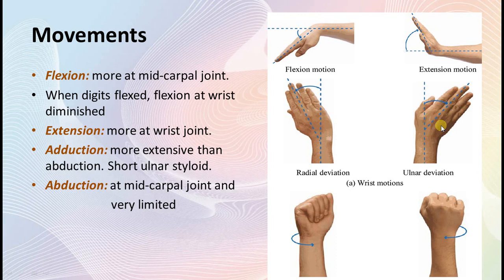Now why? This is because the styloid process of ulna is very short as compared to the styloid process of radius. So due to the shorter ulnar styloid process, you can adduct more, around 45 degrees of adduction is possible, whereas abduction is very limited and accounts to around 15 degrees of abduction.